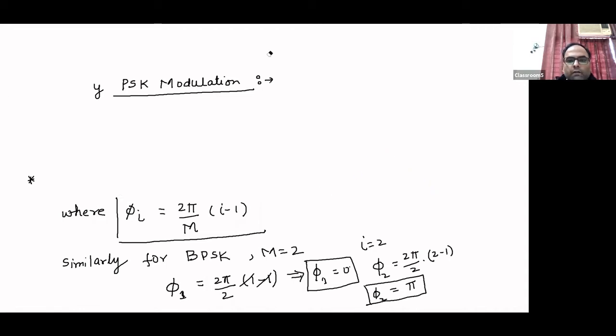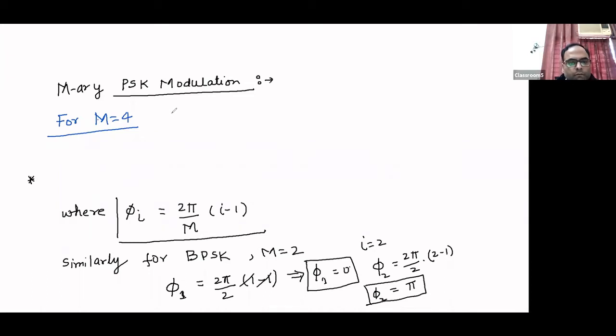We can find the value of all those four angles.